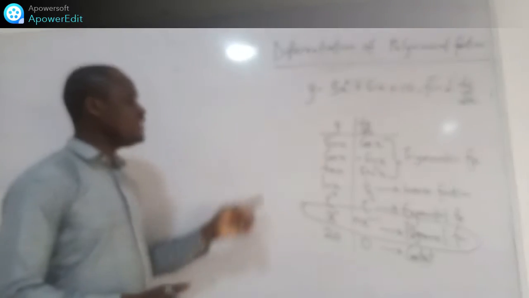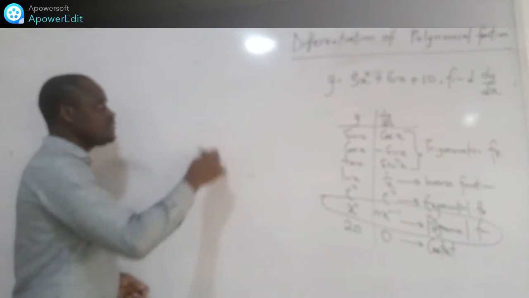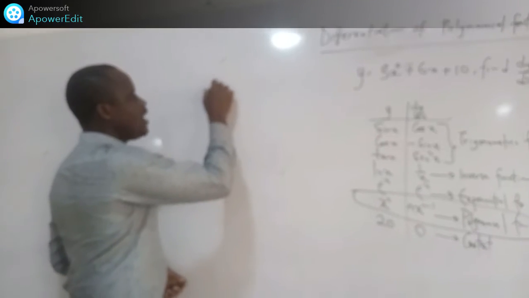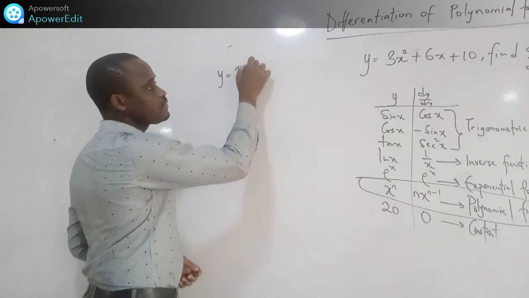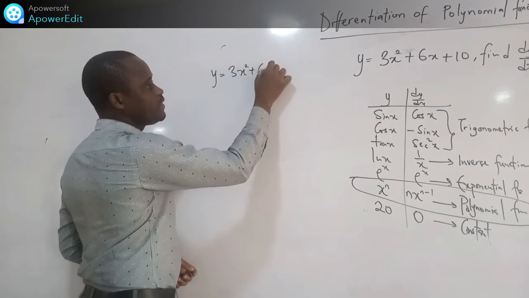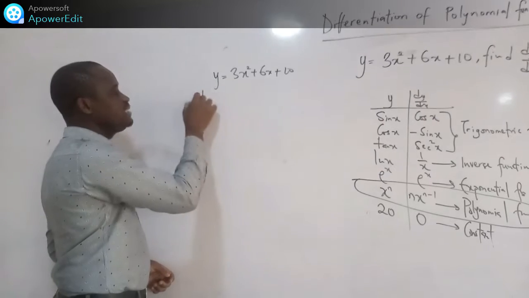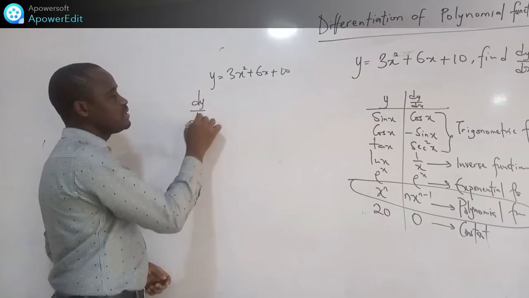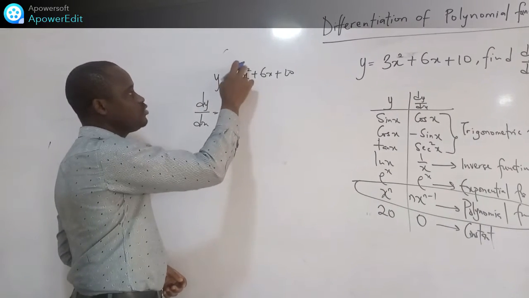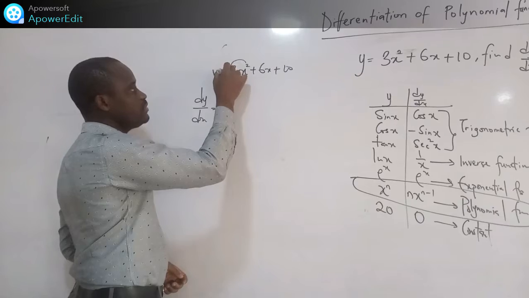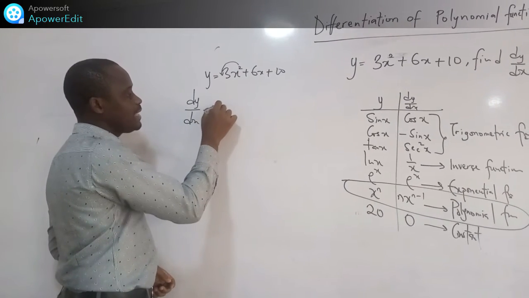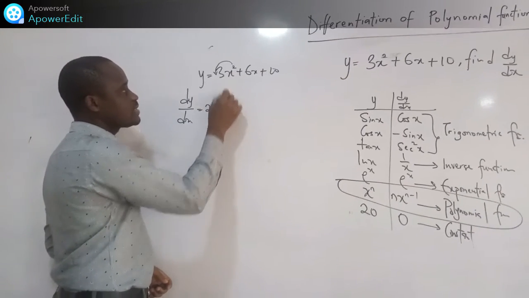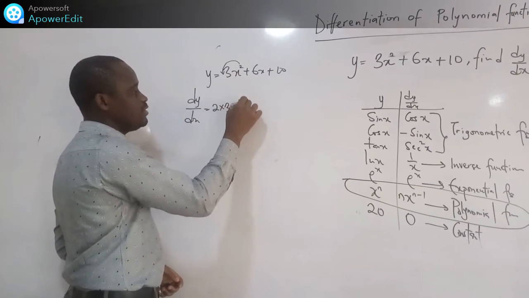So coming to my board, if I'm to solve this question, where I have y equals 3x squared plus 6x plus 10, the dy/dx of this will be what? Since the power is coming down, 2 will come down, that will be 2 times 3x raised to power 2 minus 1.